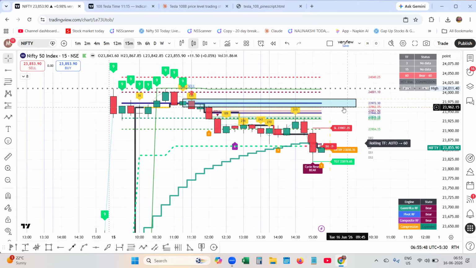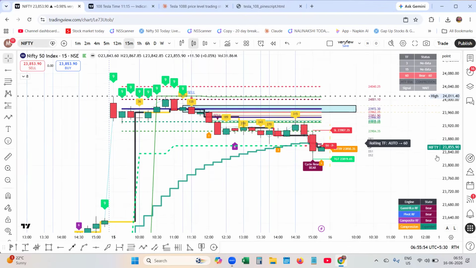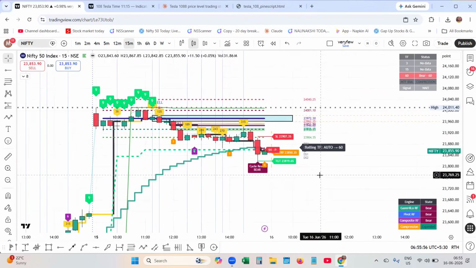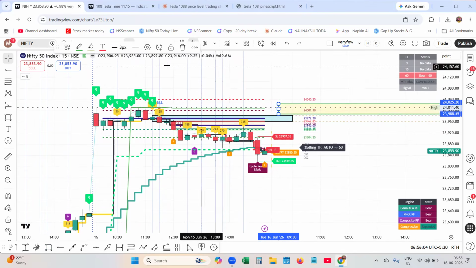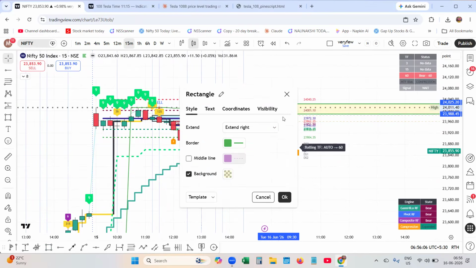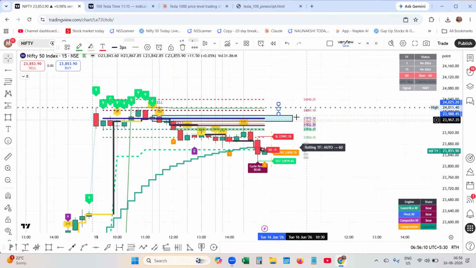23,976 to 23,962, that is a very watchful observation for today. Suppose the market gaps up like this above this Tesla time, it is extending. Let me extend this one.